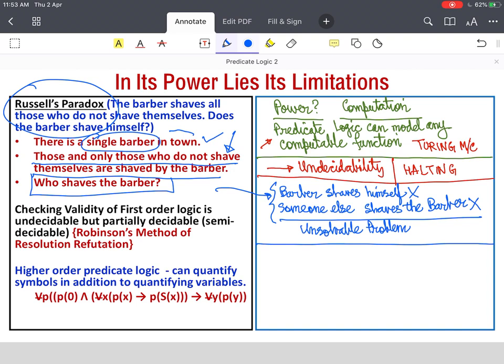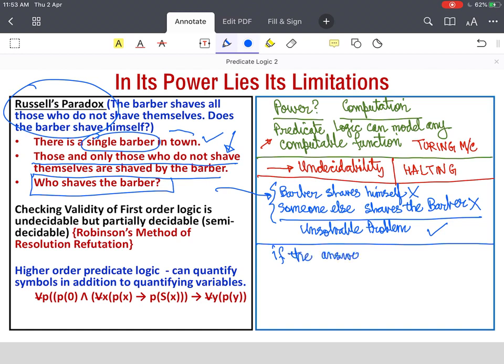But even though predicate logic is undecidable, in the sense that if I give you a predicate logic formula, you do not have a general algorithm which will readily say whether it has an answer yes or no, because the answer could be a paradox like this.